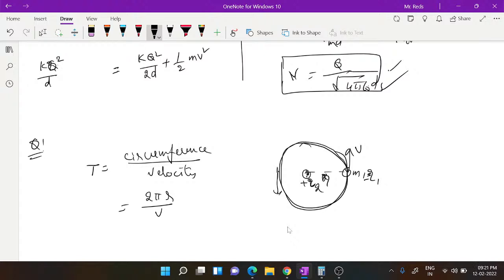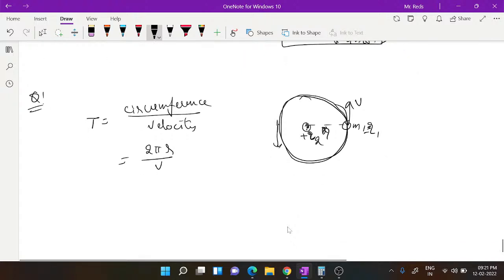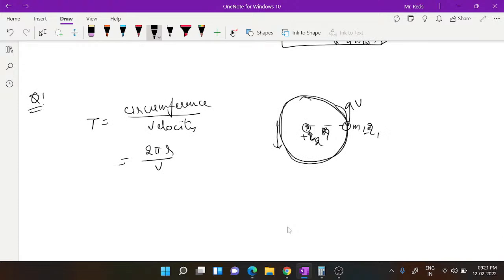The other way to say it: when it is moving in a circular path, the force acting on it is the centripetal force. Centripetal force is provided by what force? Electrostatic force.